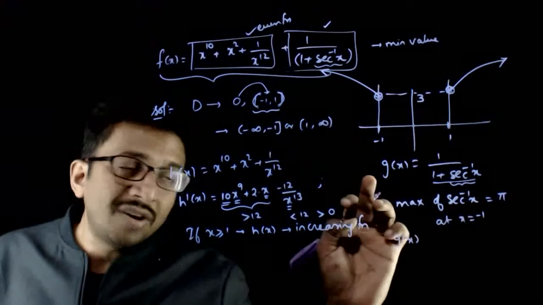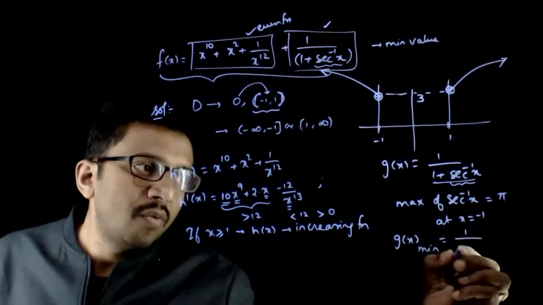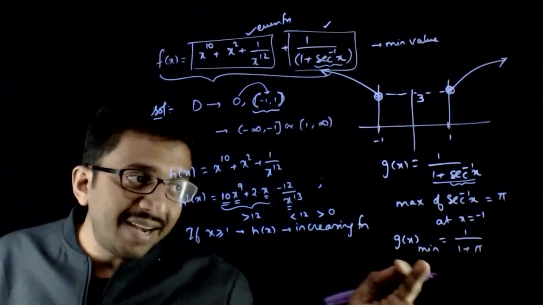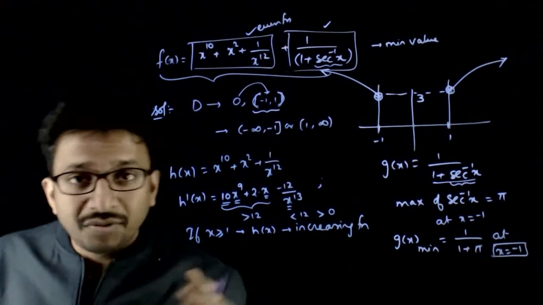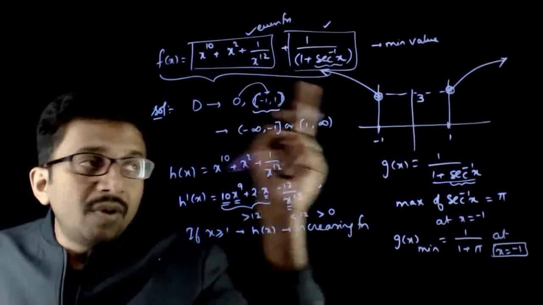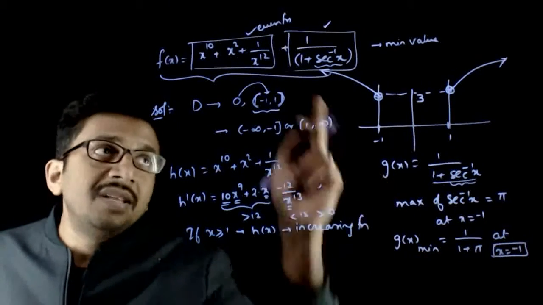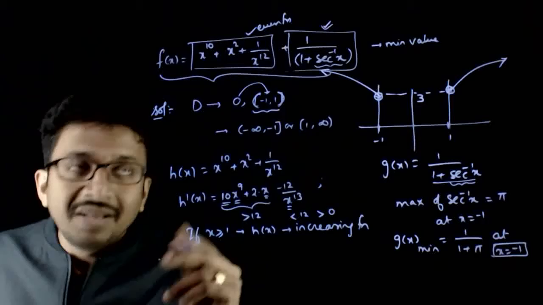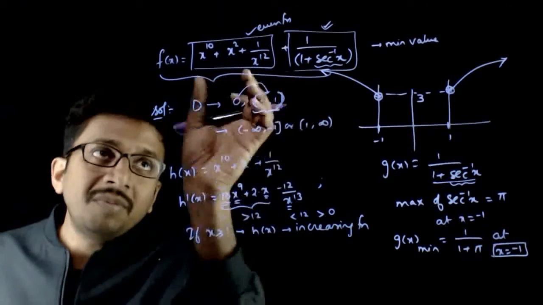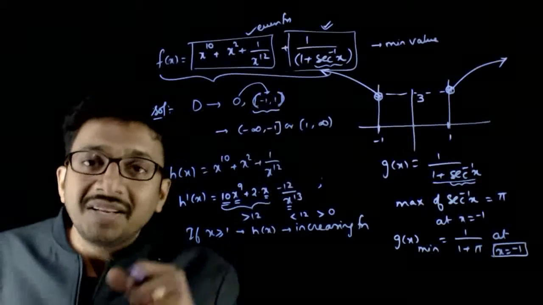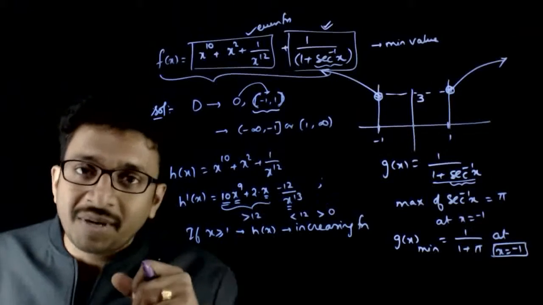So what is the maximum value of 1 + sec inverse x? It is 1 + pi. And the minimum value of g of x is 1/(1 + pi), and it occurs at x equal to minus 1. We are lucky because at x equal to minus 1, my first function is also minimum. So the sum of these two becomes minimum when both are simultaneously minimum, and both occur at the same point. If they occurred at different points, I would need to analyze them separately.